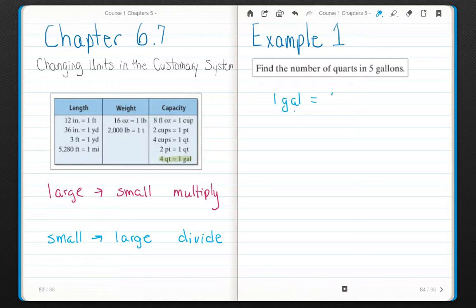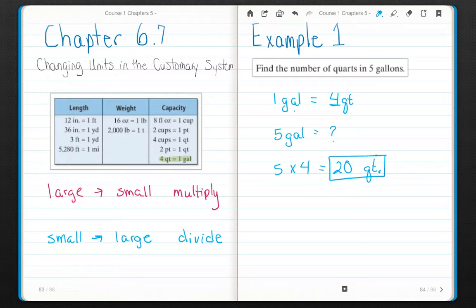So if 1 gallon equals 4 quarts, but I want to know about 5 gallons, I'm going to multiply the number of gallons I have times the number of quarts in each gallon. So 5 times 4 equals 20. So there are 20 quarts in 5 gallons.